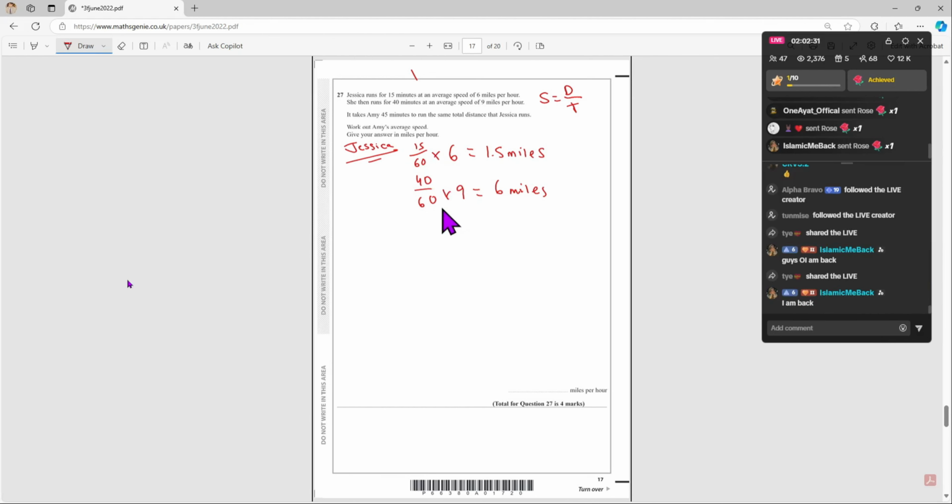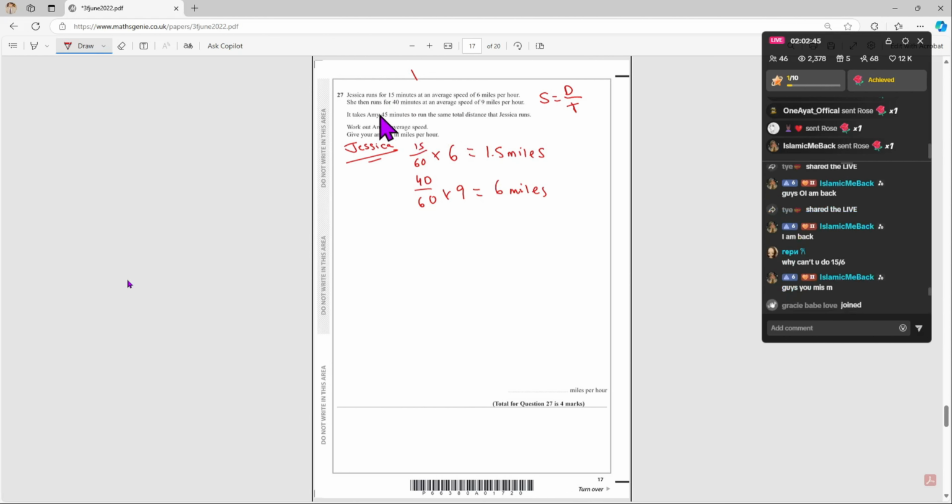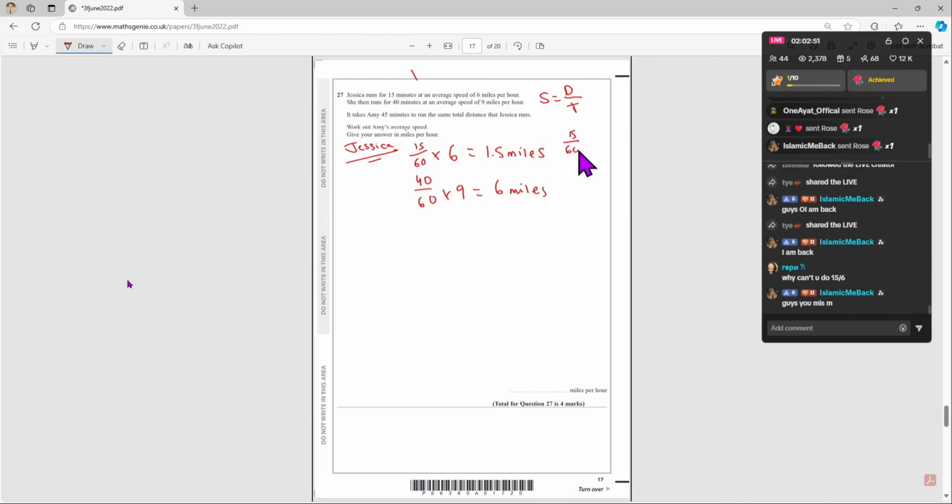Now, 9 miles per hour is the speed, this is the time, and that is our distance. Why can't I do 15 over 6? Because 15 is in minutes. You want it to be in hours. So 15 over 60 is in hours.